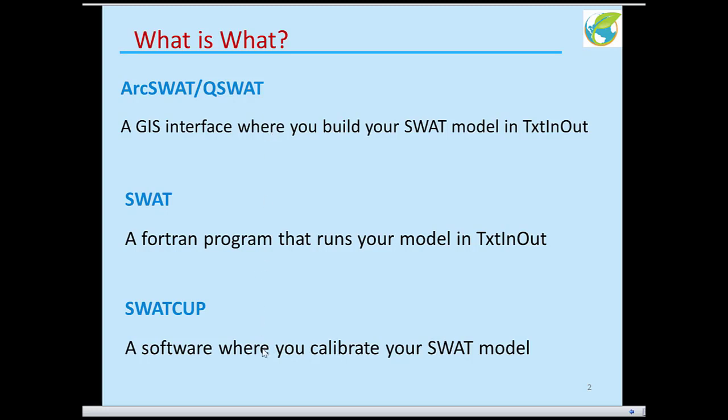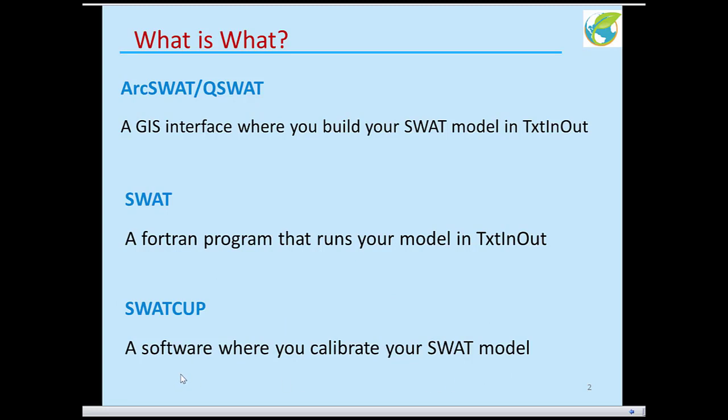So to bring these parameters back to that database is, first of all, not necessary, and secondly, it's sometimes even impossible, because if you have used relative changes to change your parameters, that means you have changed your soil parameters based on the land use. Now, there is no way you can bring that back into ArcSWAT, and there is no reason for it. I will show you how you can do everything.